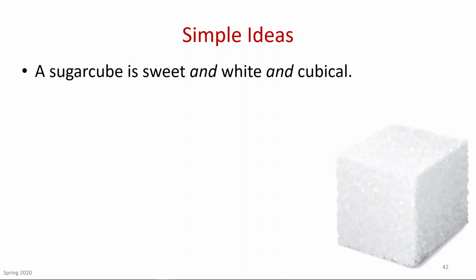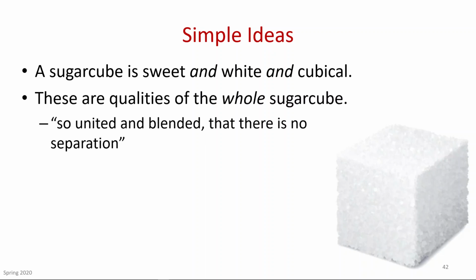So we see a sugar cube. The sugar cube is sweet and white and cubical. It has all of those qualities. These qualities are in the whole sugar cube. As he says, these qualities are so united and blended that there's no separation. In other words, there isn't the white piece of the sugar cube and the cubical part and the sweet part.